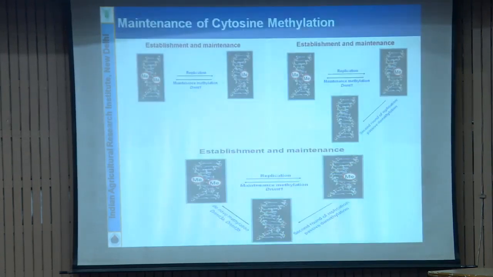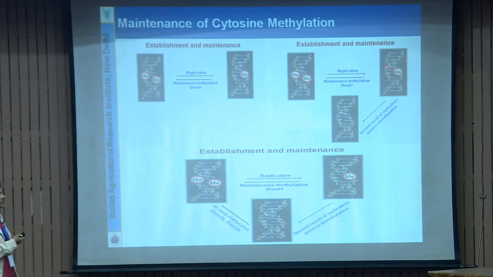In this picture, maybe it is more clear. Here you can see on the double strands of DNA, there are methyl groups, that is methyl cytosine. This is replicated. In replication, one strand retains the methyl group, one strand is newly formed. This newly formed strand now has two possibilities.